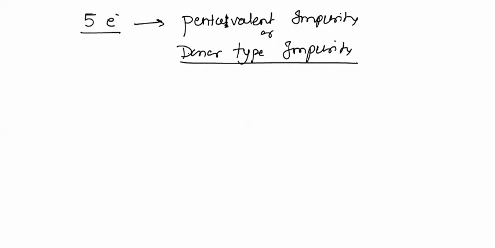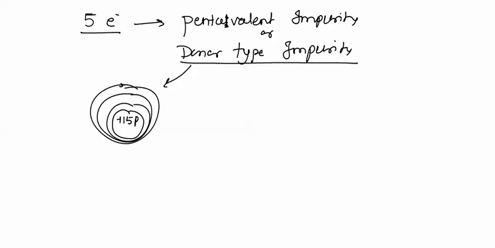It is called donor type impurity because there are 15 protons in a phosphorus atom, and with each phosphorus atom there are 5 valence electrons, out of which one electron will be donated to the material for conduction. Hence this type of impurity is called donor type impurity.